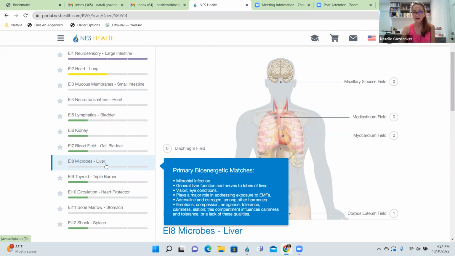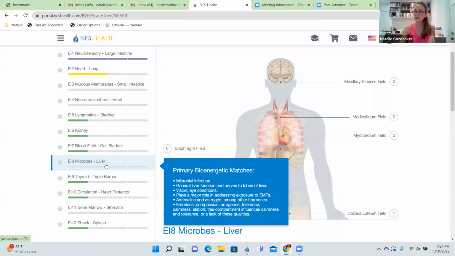So in that case, we will look at whether the person has microbial infection, whether the nerves to the lobes of the liver are working properly, and there is no physical damage to the nerves. We will look at the eyes condition of this person.